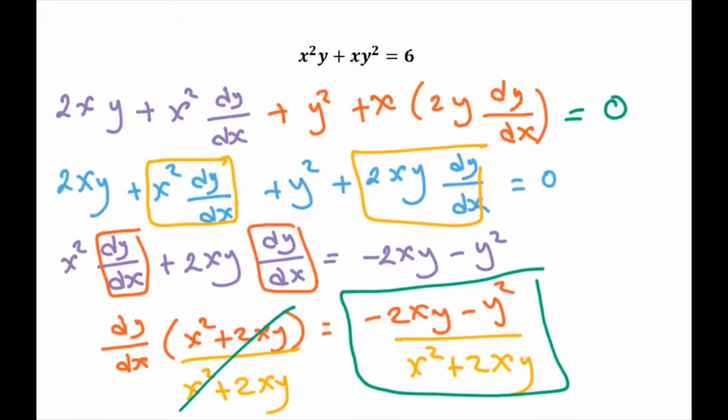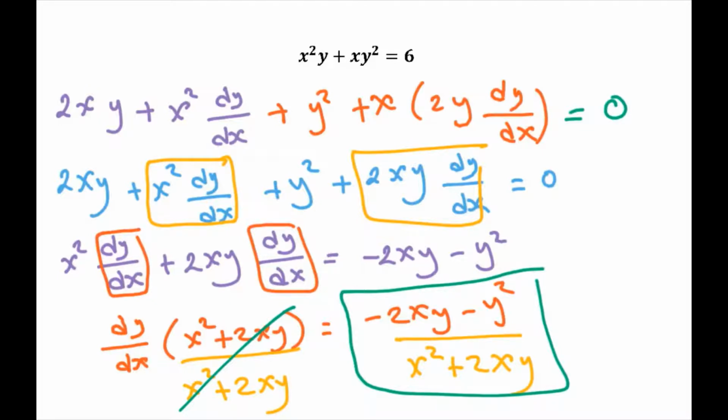Now, there's something that I need to mention here. Basically, some people might sometimes forget to attach dy over dx. So if you forgot to do that, then basically you are not going to do it correctly.